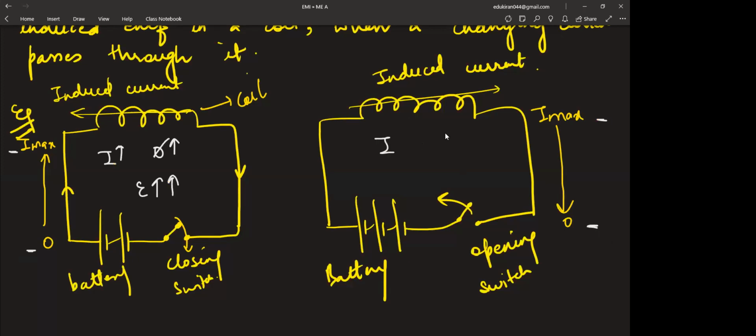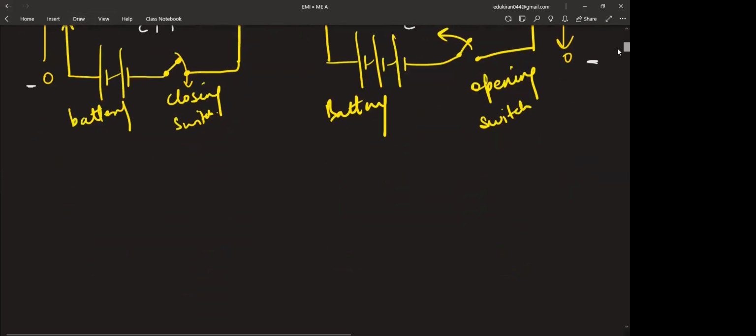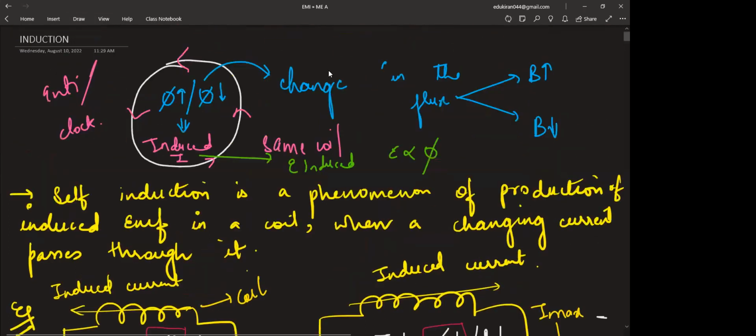So current will decrease, flux and magnetic field both will decrease, and EMF further decreases. So change in the magnetic field, change in current, this portion is important for us. So this is what happens within the circuit. Regarding self-induction, I'll try to complete it today.